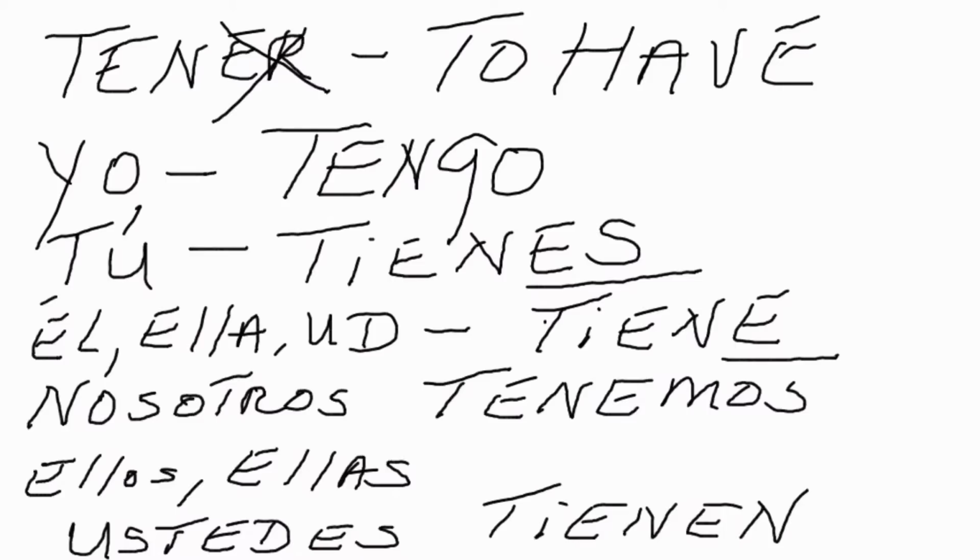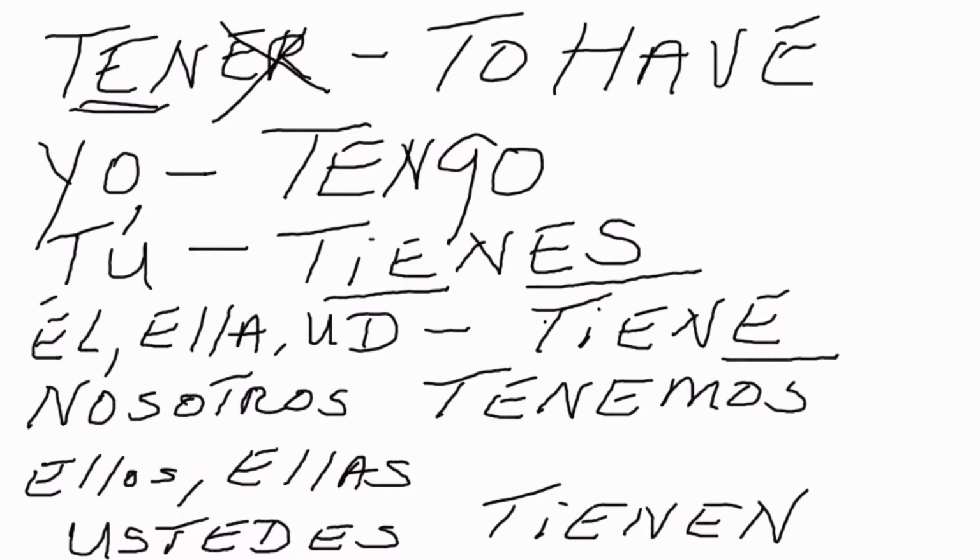Being an irregular verb, there's one other change in addition to the difference in the yo form. And that change is the fact that the first E in tener, this E right here, changes from E to IE. So you'll notice in the tú, tienes, we also drop that E and we added IE.